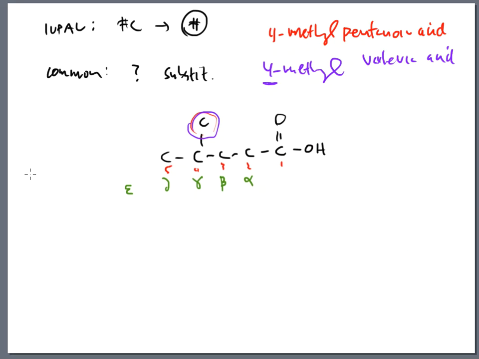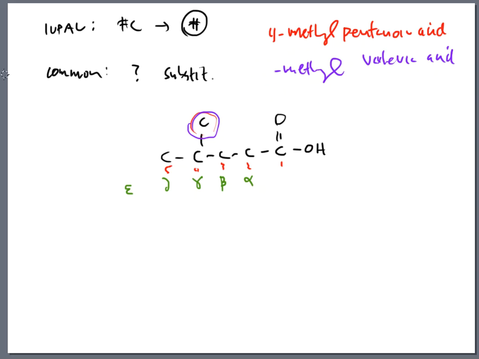We really don't find anything greater than 5, quite honestly, in any of these examples or on these entrance tests that you see. So we don't really have to worry about anything after alpha, beta, gamma, delta, epsilon. So what this means is that I'm close if I put 4-methylvaleric acid. However, common says no to 4. You can't put 4 there.